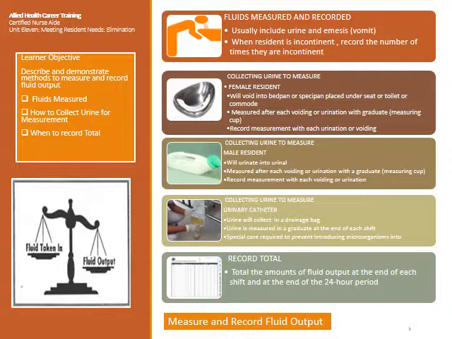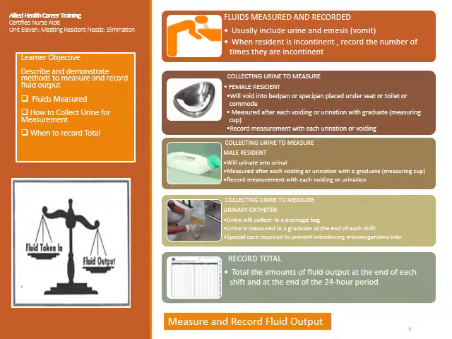We'll talk a little bit more about that later. But you will empty the bag into a measurement cup, and then you will need to document that. There is some special care, however, that is required to prevent introducing microorganisms into the urinary catheter system. And we'll do that when we have our skills day.